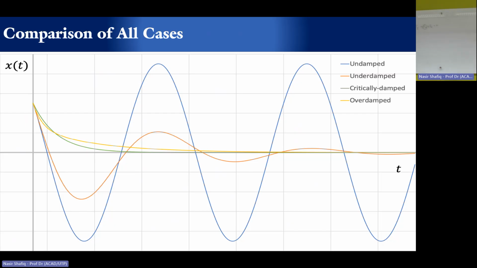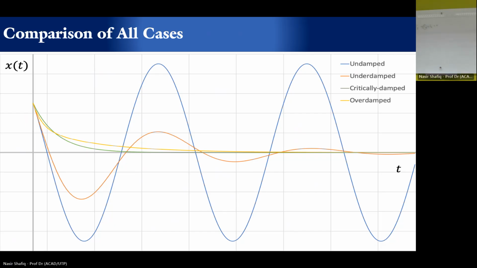We have an underdamped system, which is being explained with this red, and which is the practical damping which we are considering, like offshore structures. So the motion will be decaying. We have the other two, critically damped or overdamped systems, which means that in the first cycle the motion will be decayed.